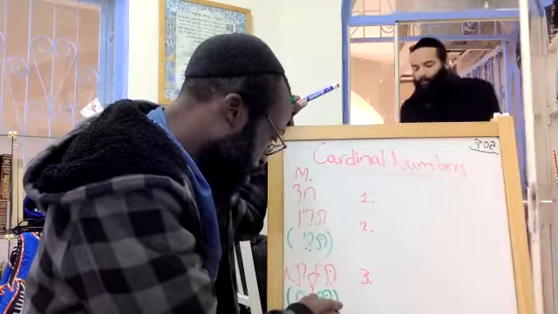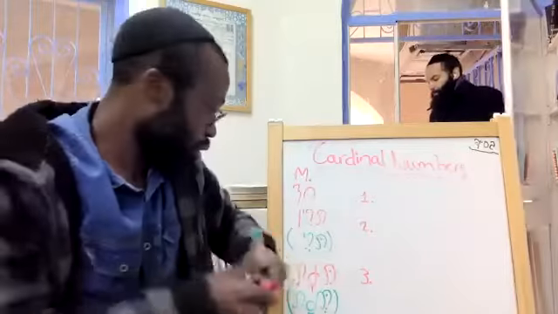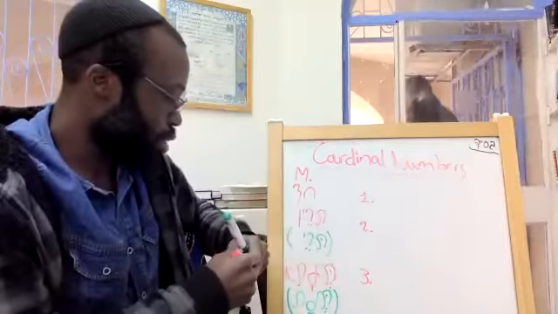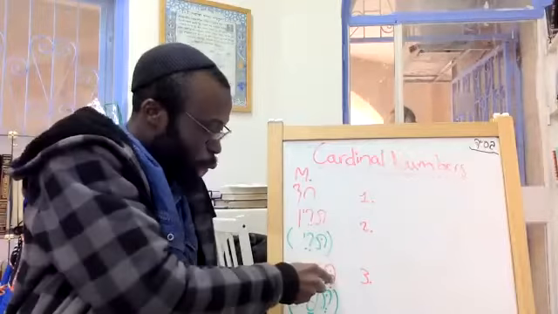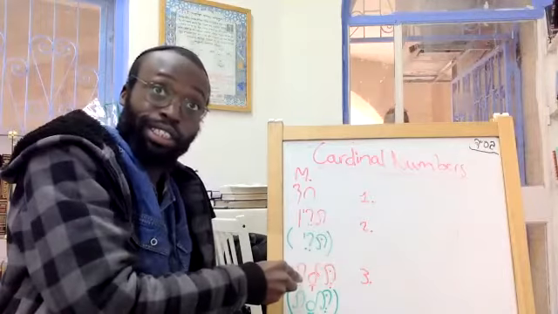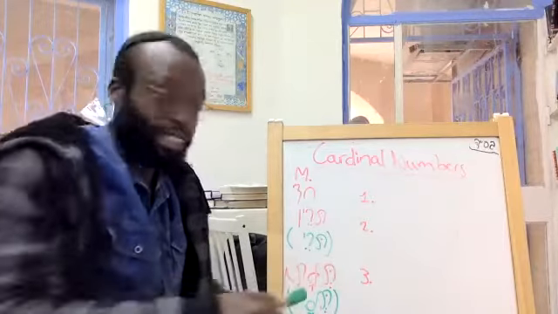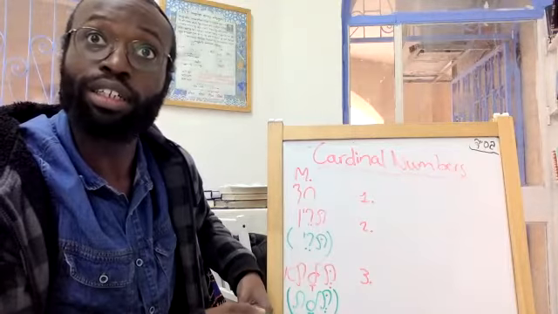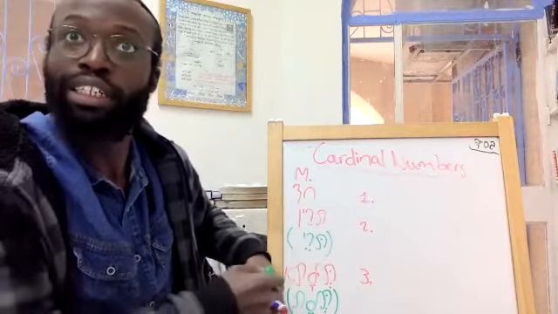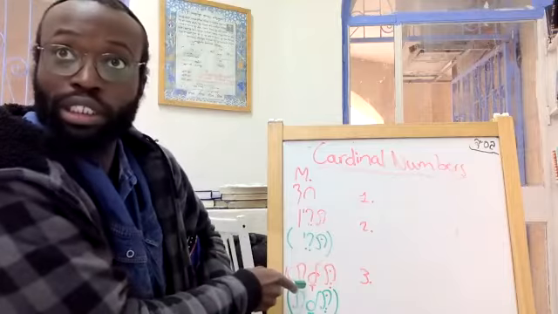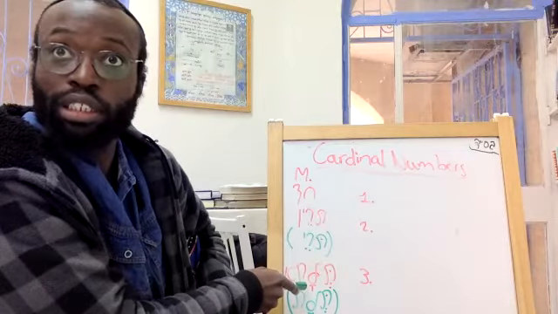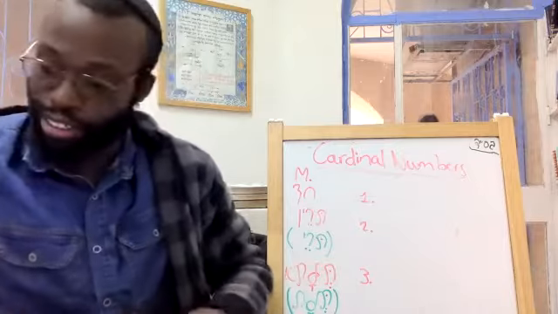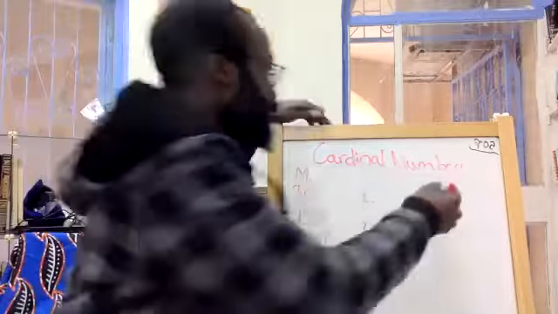I'm not too sure why. Telat, telata, or telat. Here it's even like shlosha. In Arabic, it's the same process, basically. So they also say thalatha. Nice, interesting. Thanks for sharing.